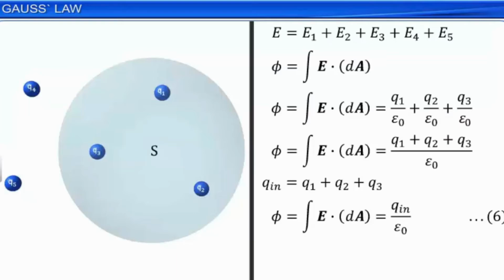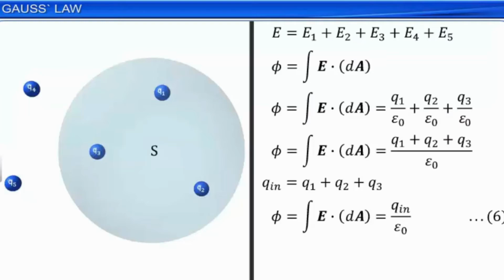But the charge Qin appearing in the above equation is the charge within the Gaussian surface. In principle, Gauss law is used to calculate the electric field strength E due to a system of discrete charges or even a continuous charge distribution.